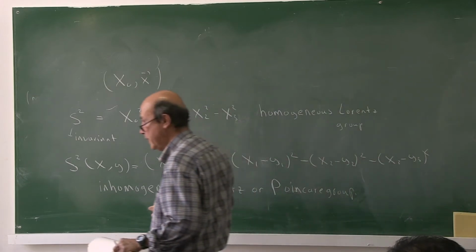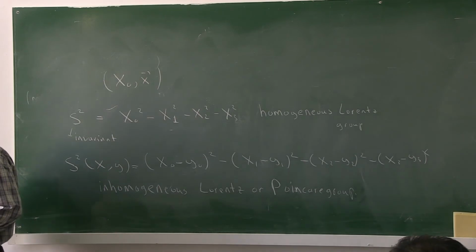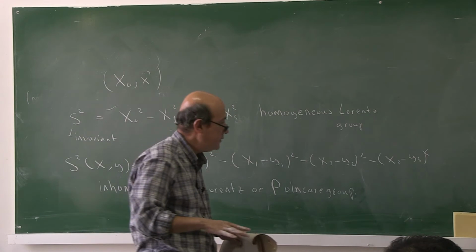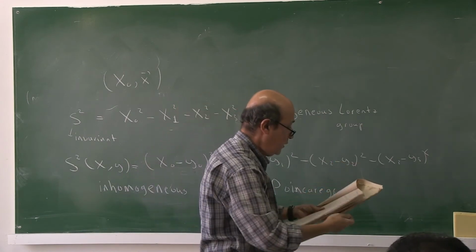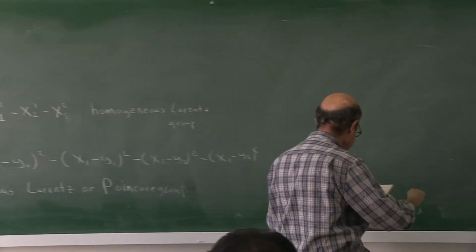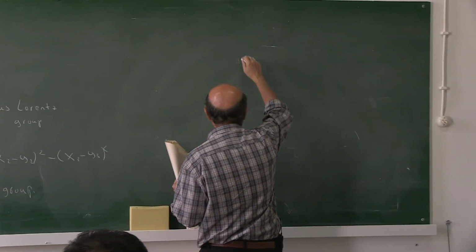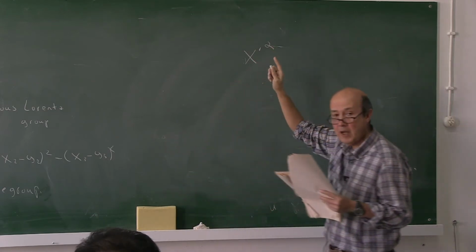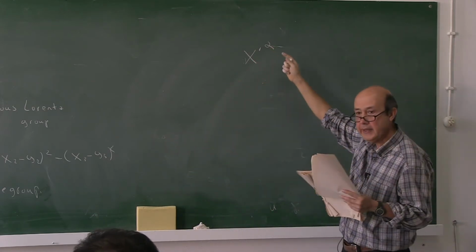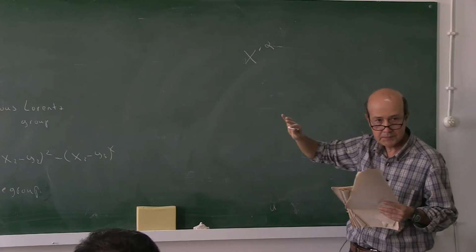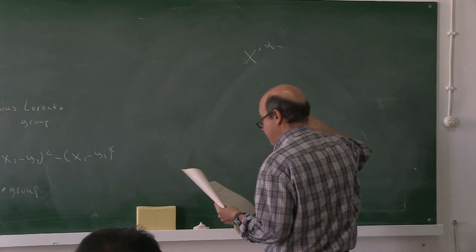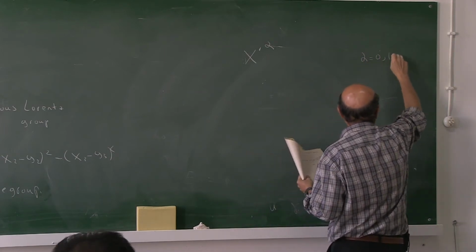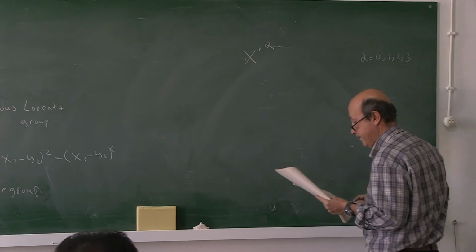So that is the first rank, and rank 0 is the scalar. That is the same everywhere. So in general, the mathematical illustration is the following: x prime alpha. From now on, you will see that the index up or down will be very important. So alpha could be what? 0, 1, 2, and 3.